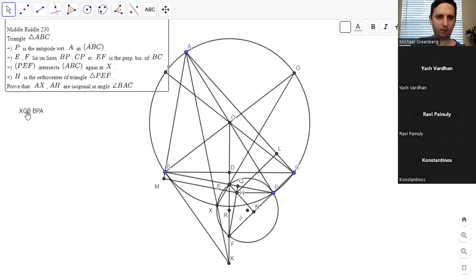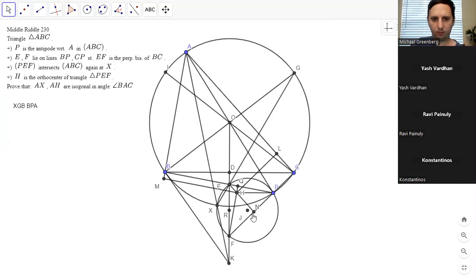But I think we want to find CN over BQ, but we have CN over NF is OF over EF. Yeah, I think this might solve it actually. So CN over CF is OE over OF.